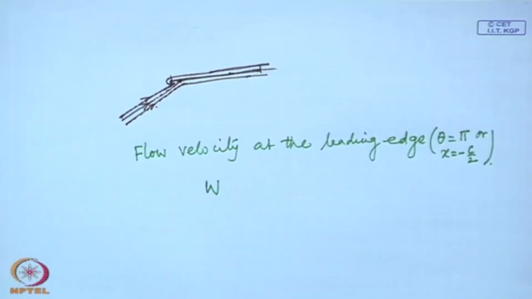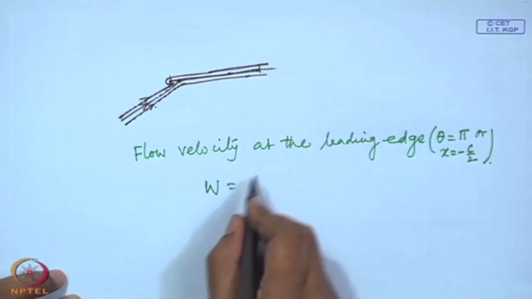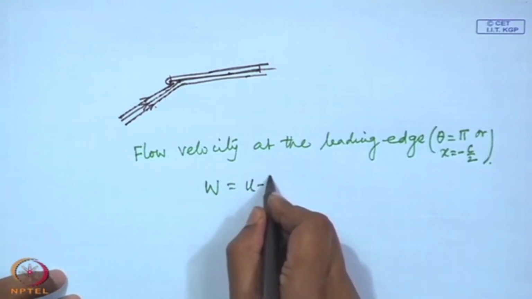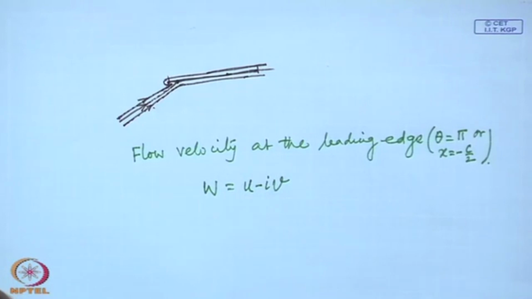The complex velocity u minus i v, how much is it at the leading edge? Here also you are getting q infinity cos alpha, which is a little bit strange.